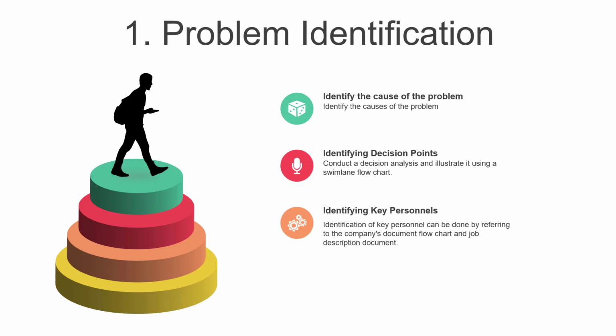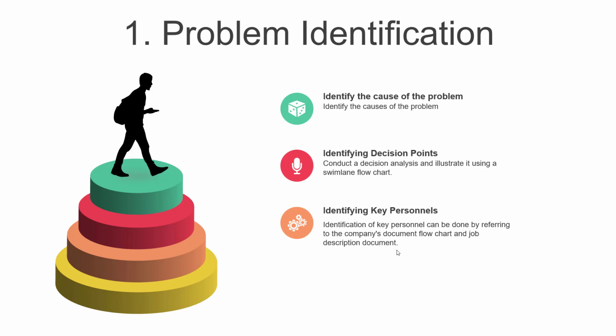And then identifying key personnel. The identification of key personnel can be done by referring to the company's document flowchart and job description document. If you know the problems and the decision points, of course you will be able to get the key personnel and describe the key personnel for every process.